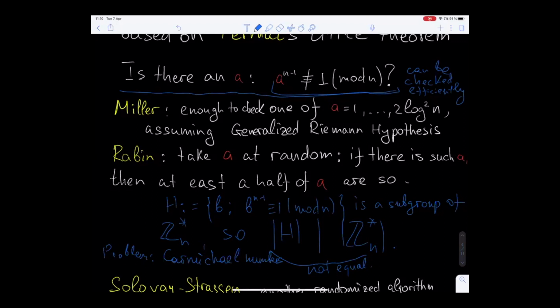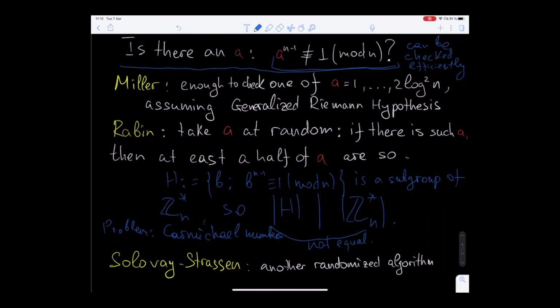So Miller and Rabin gave this in the 70s, and this was, as far as I understand, the beginning of randomized algorithms. Rabin's observation, then another algorithm by Solovay and Strassen, also from the 70s, were the first great successes of randomized algorithms. If you want to check explicitly whether n is prime or not, you can do this conditioned on some very hard results in number theory.